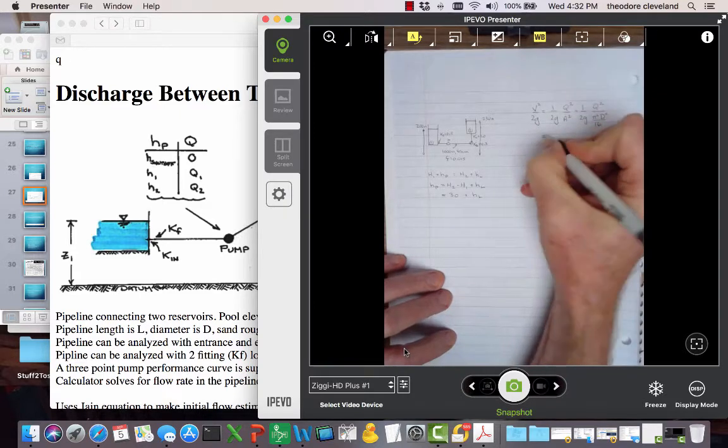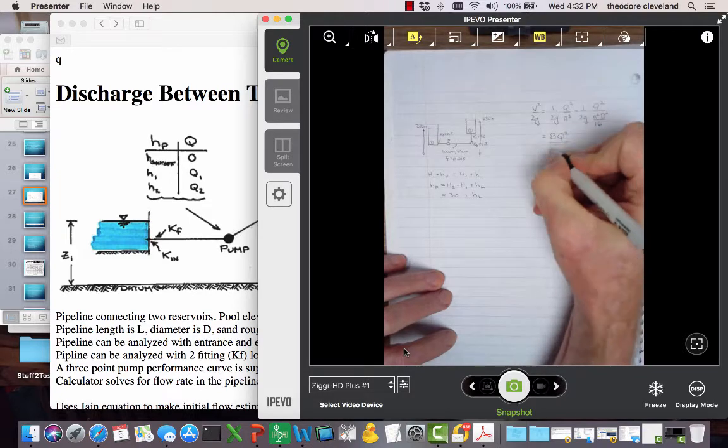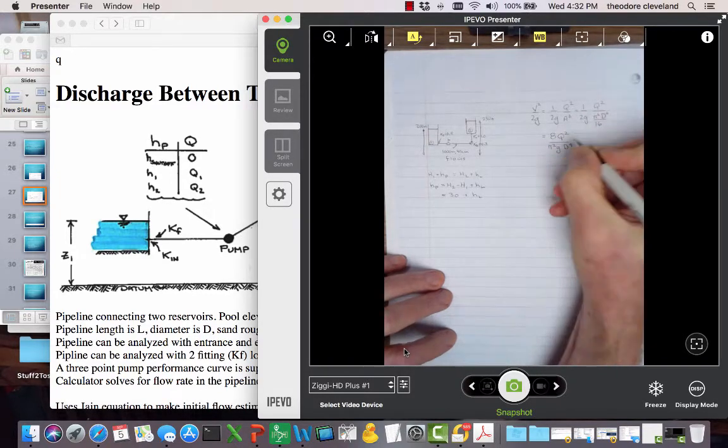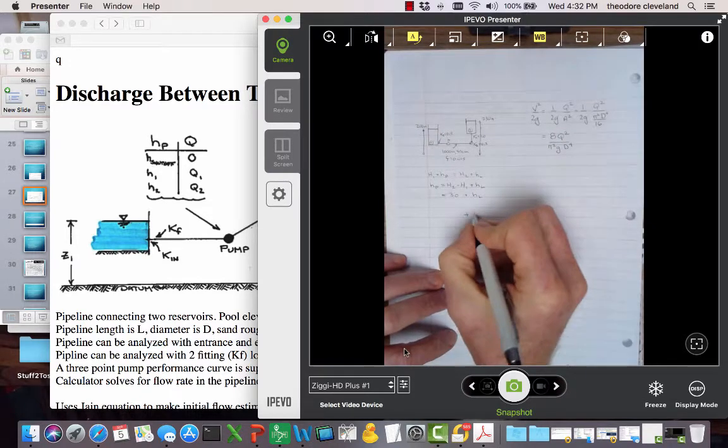And so this becomes equal to 8Q squared over pi squared g d to the 4th power. And this is the form that we'll use in the head loss equation. So let's now expand the head loss equation out.